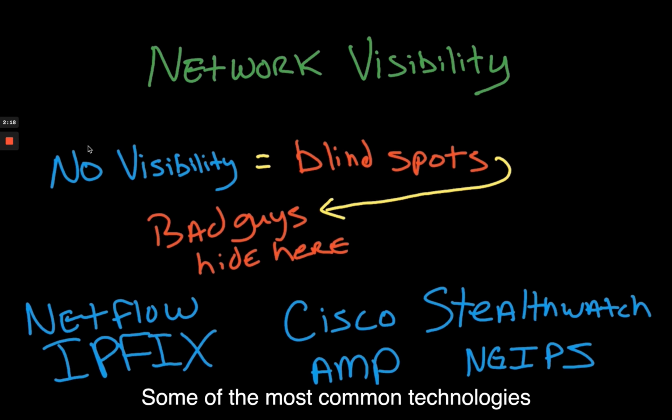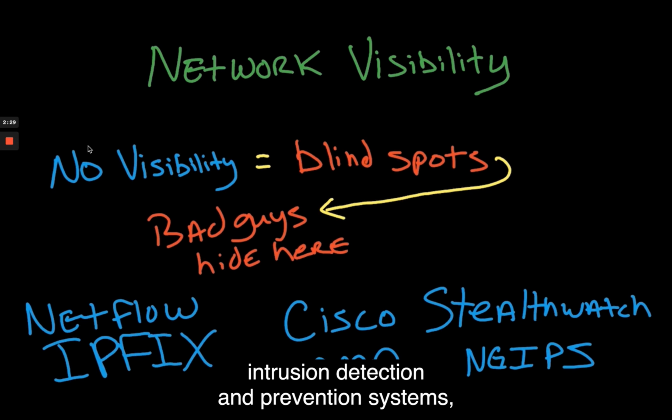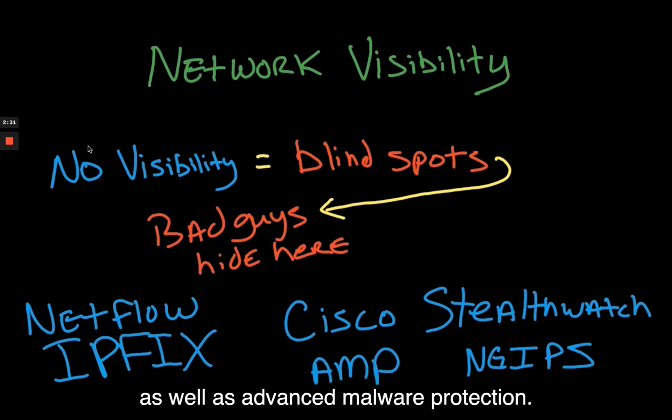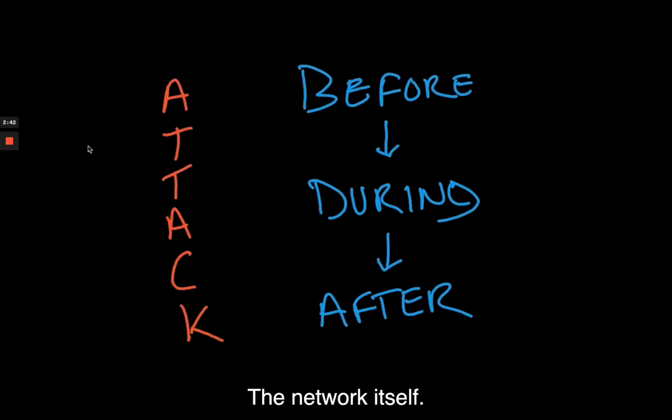Some of the most common technologies that can be utilized to obtain network visibility include Netflow, IPFIX, Cisco StealthWatch, intrusion detection and prevention systems, as well as advanced malware protection. Many organizations fail to use one of the strongest tools that can help protect against today's security threats, the network itself.